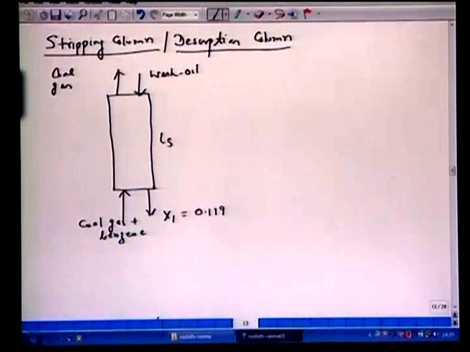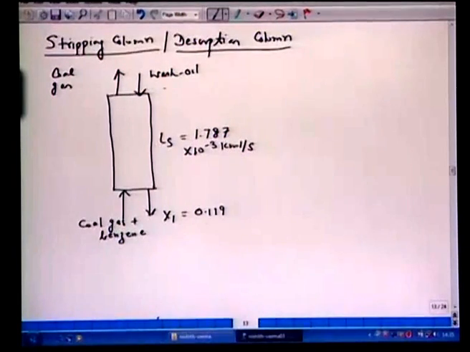The flow rate of this wash oil was calculated at 1.787 times 10 to the power minus 3 kilomole per second, and we had this x2 given as 0.005. So this was 2, this was 1.